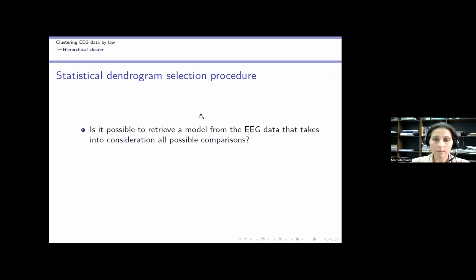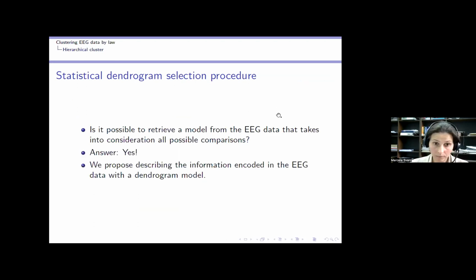So at this point, when we want to know if conjecture 2 may happen or not, we face a major problem because we should compare all the different contexts that we have. So the question is whether we can do a procedure where we can do all the possible comparisons, which are a lot of them. And well, the answer is that we can do it.